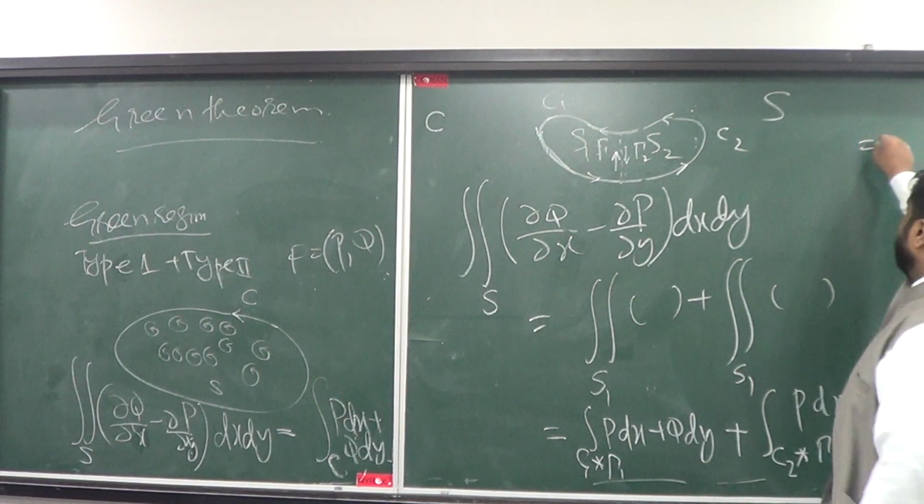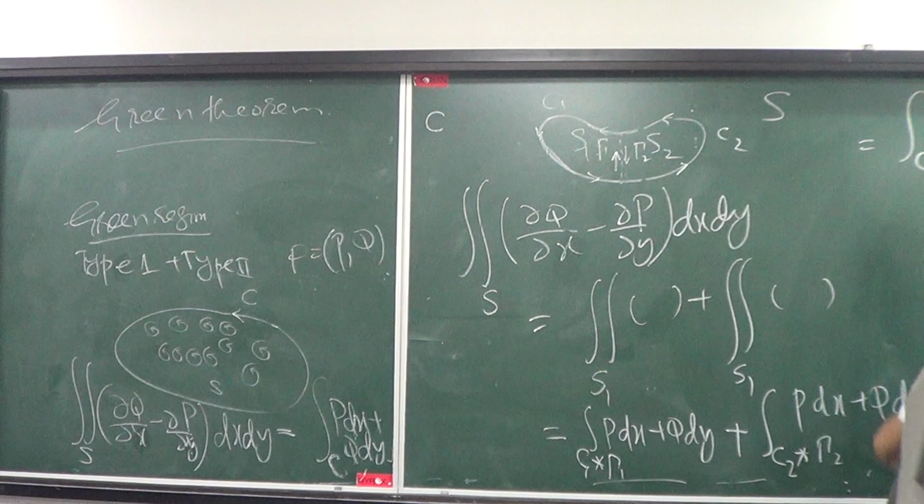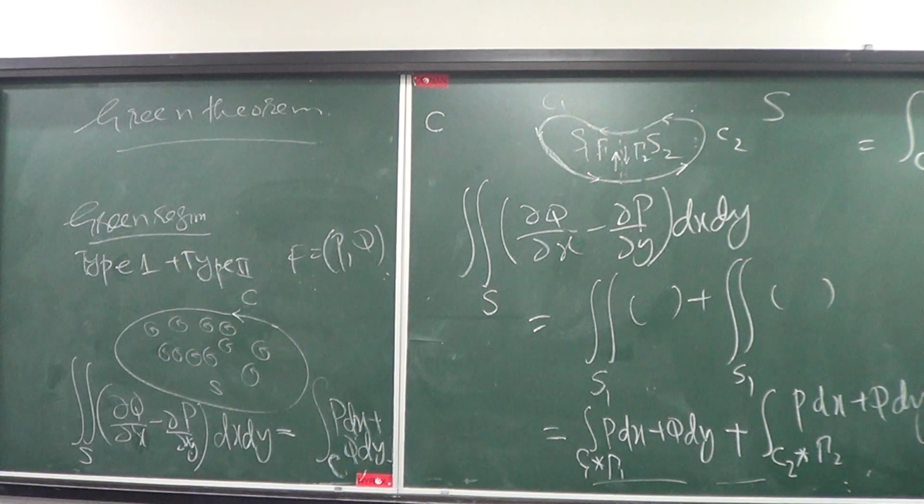I can say that this is the same as I have C1, okay, same integrand, plus gamma 1, okay, plus C2 same integrand plus gamma 2, but gamma 2 is gamma 1 bar. Okay, so it's gamma 1 bar, so it has the opposite orientation, it's gamma 1 with the opposite rotation.